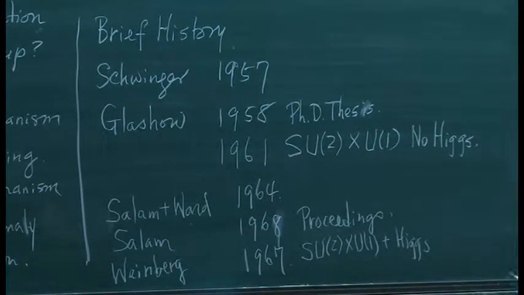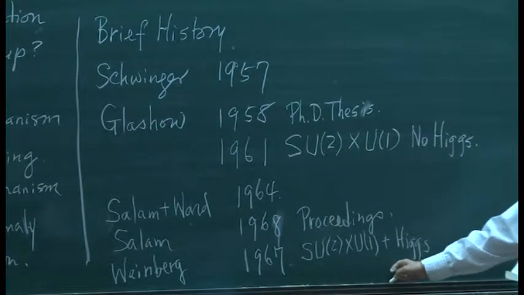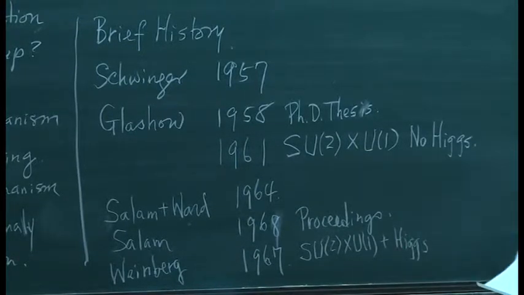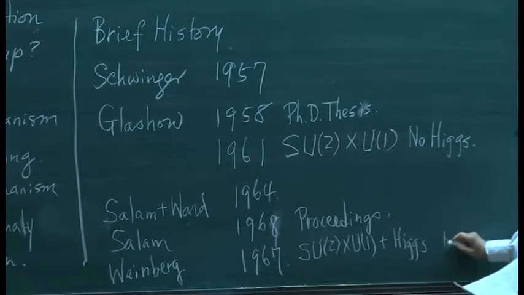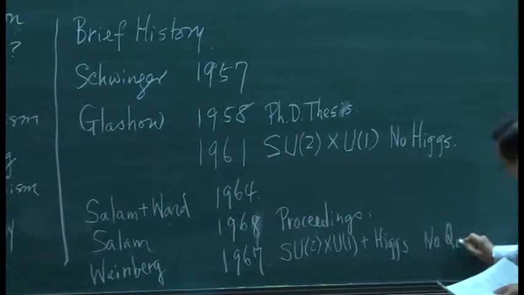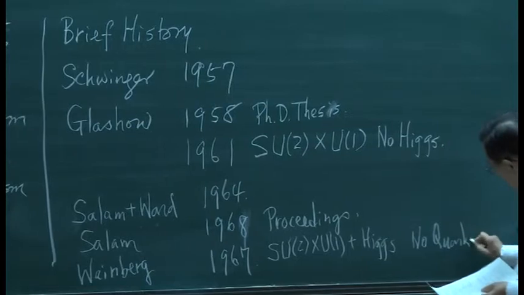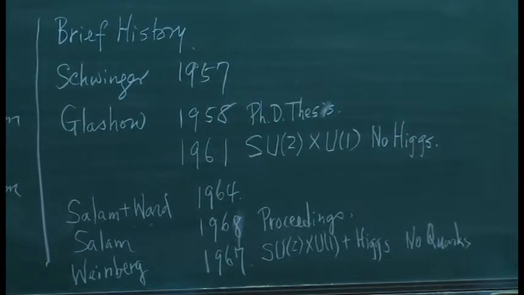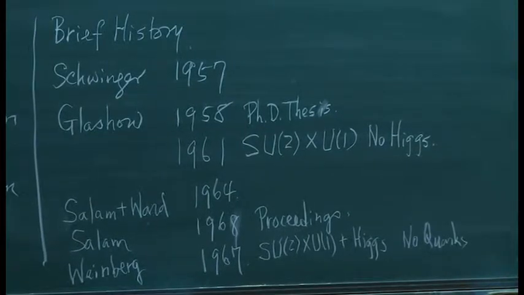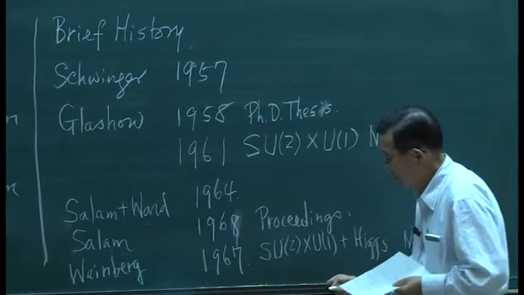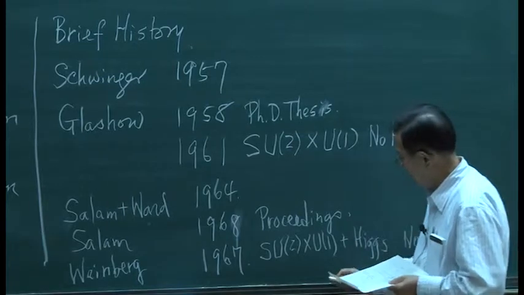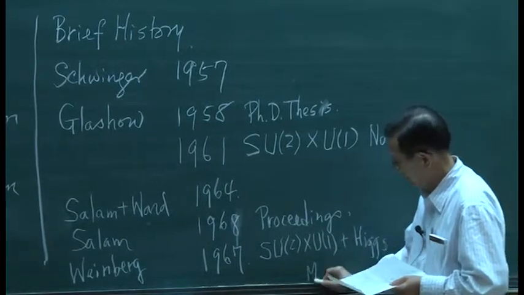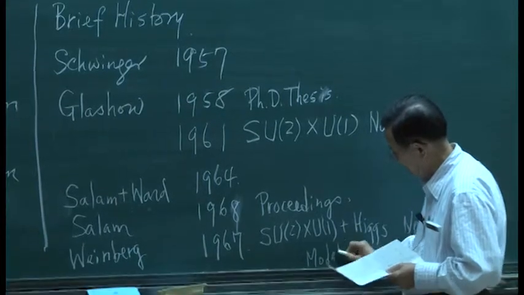What's interesting is that in this paper, he only discussed the model for leptons, no quarks. The reason was that he, at the time, did not believe in quarks. I don't know if you remember, the title of his paper is called A Model of Leptons.